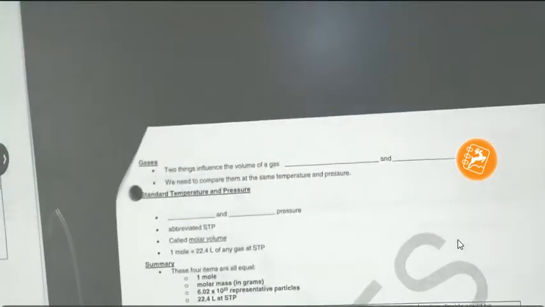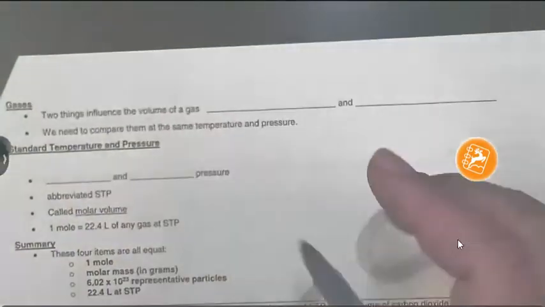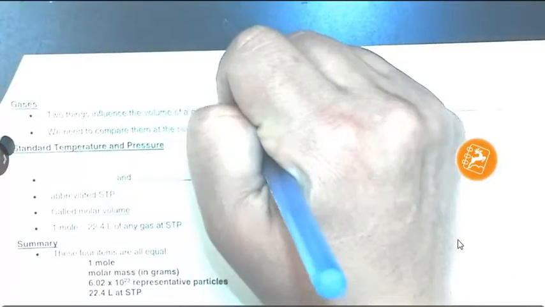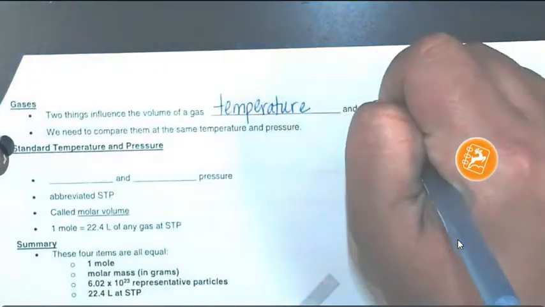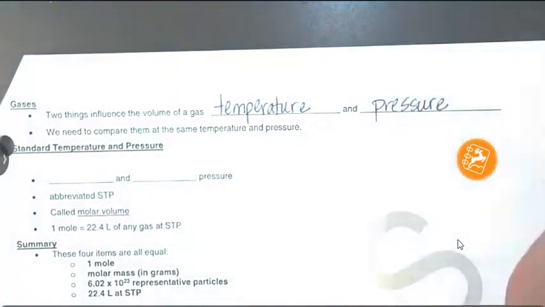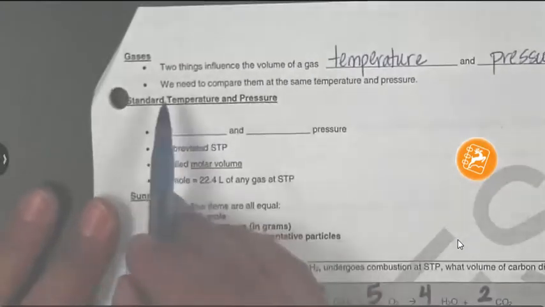So, 2 things influence the volume of a gas: temperature and pressure. So then we need to compare them at the same temperature and pressure, which would be standard temperature and pressure.